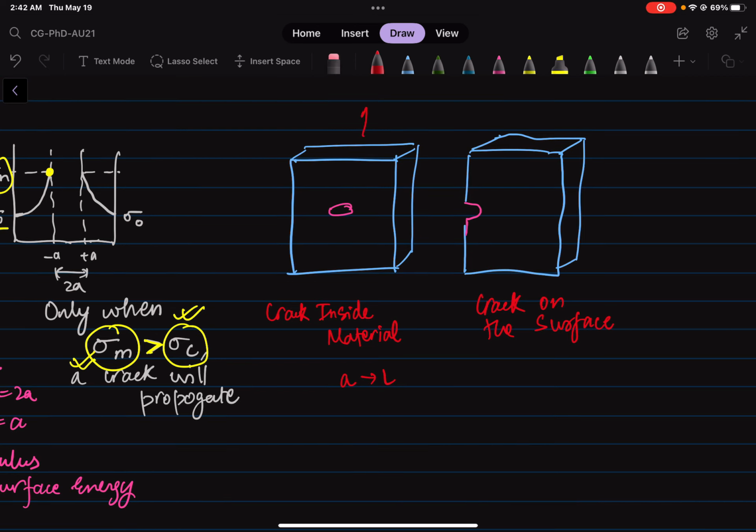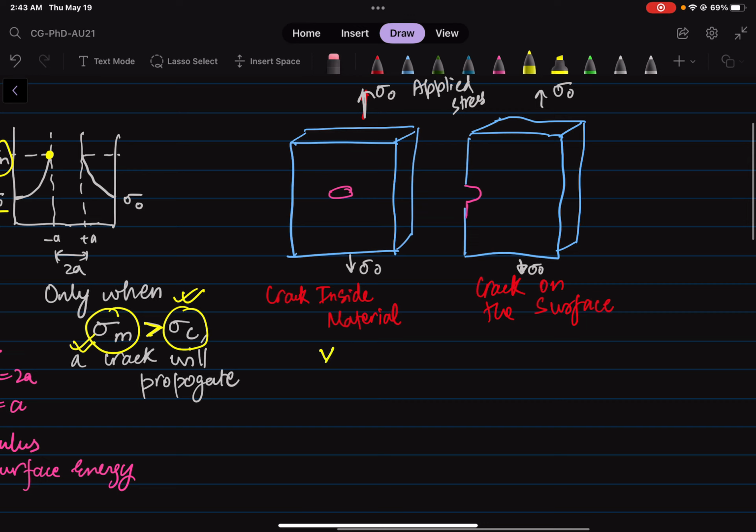So again, let's say you are applying a sigma naught to both these systems. That is the applied stress. Let's write that down. Applied stress. Now, two differences between these two examples. The Y value for the left hand side is given as 1, while the Y value for the right hand side is given as 1.1.